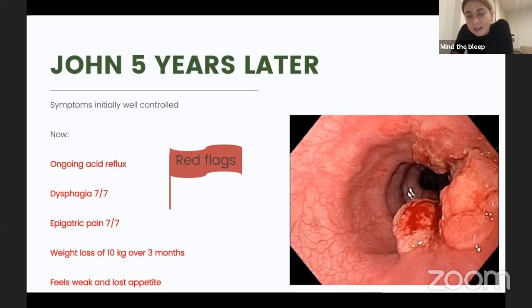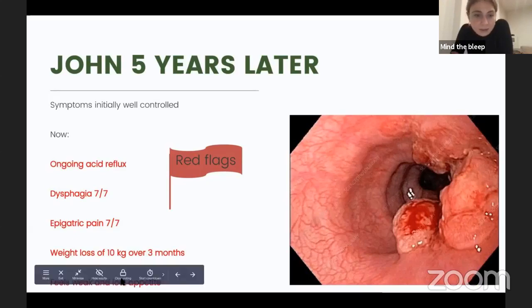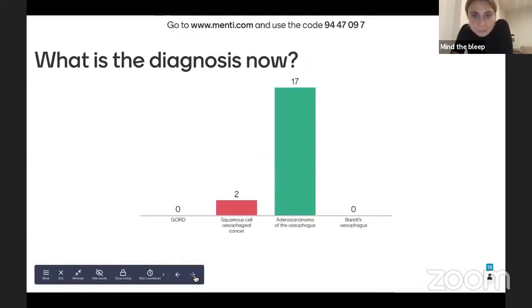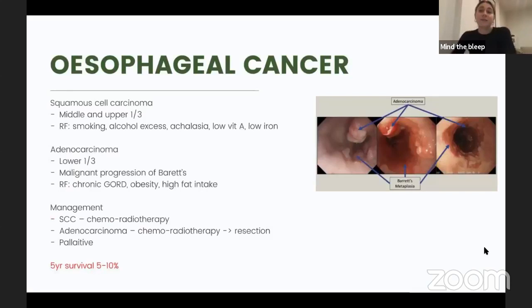And it's near where the esophagus joins with the stomach, so the lower third. All right. So very well done. He has developed esophageal cancer. And you rightly have answered that it is more likely to be an adenocarcinoma.